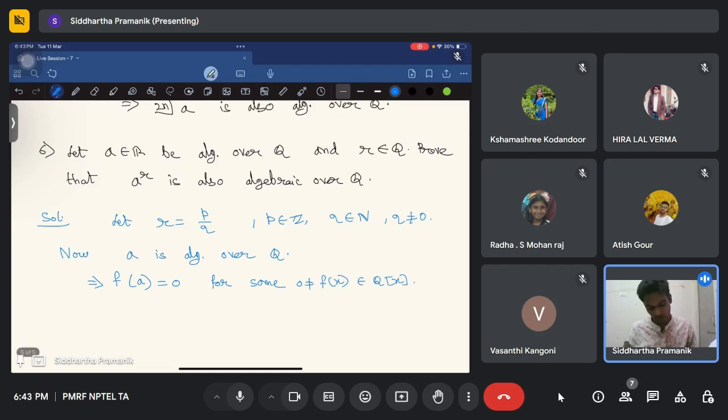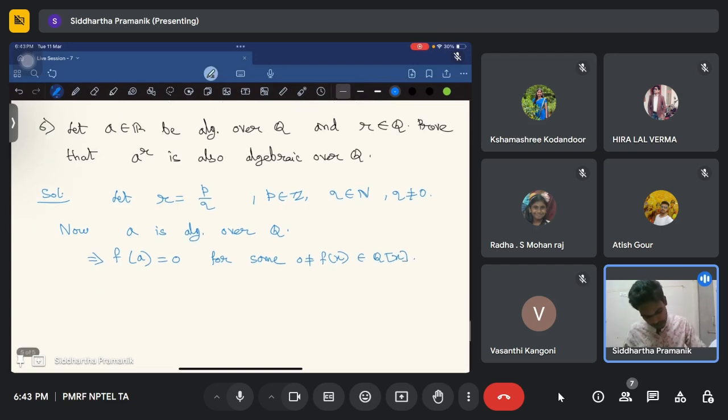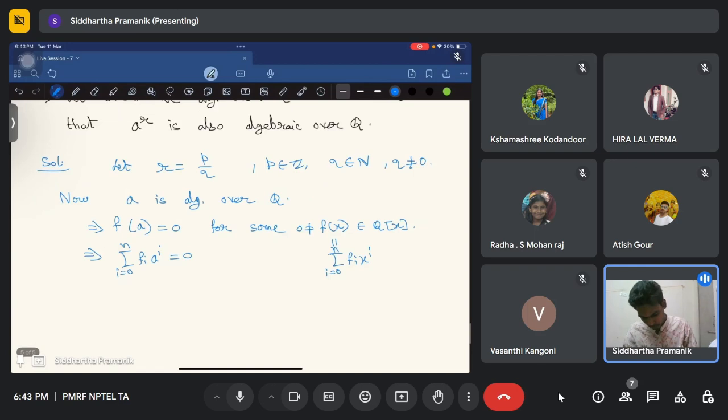This is the definition of an algebraic element. So let f(x) equal summation f_i x^i, i equals 0 to n. So that means summation f_i A^i, i equals 0 to n, is 0. From this we can conclude that summation f_i (A^(1/q))^(qi) is 0. The same trick which we have used in the earlier problem.